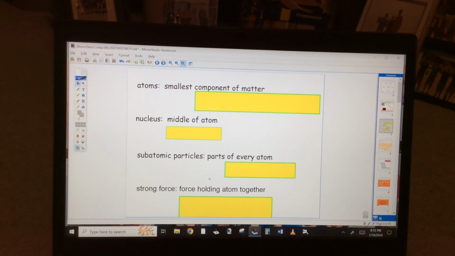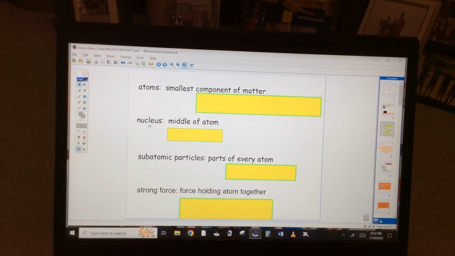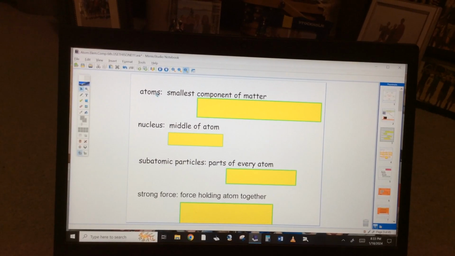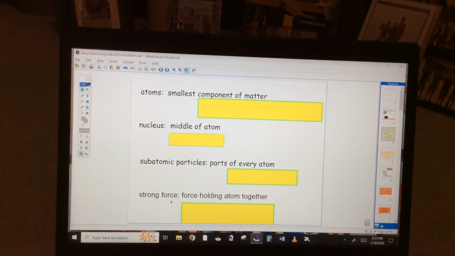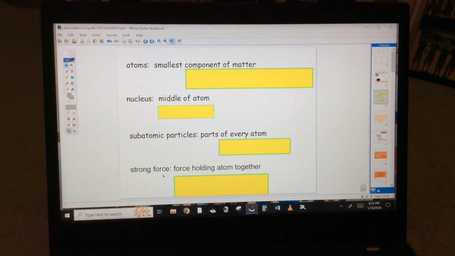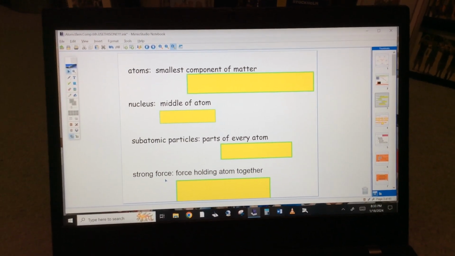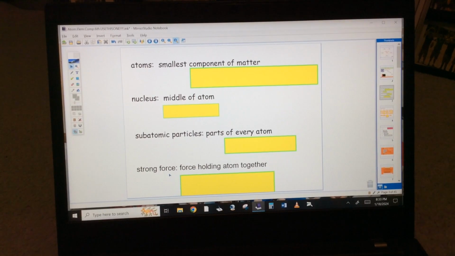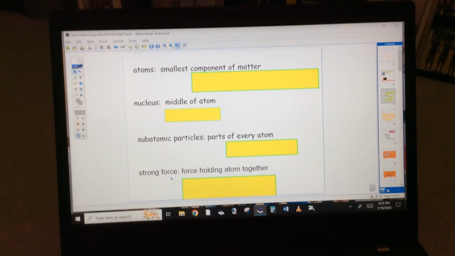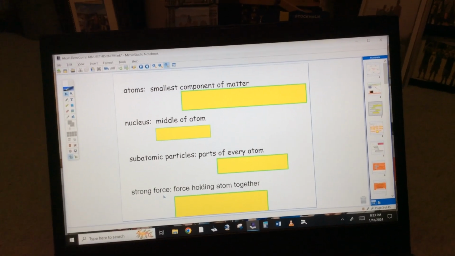It holds them within the nucleus, or the area surrounding the nucleus in every atom. The strong force is similar to gravity and magnetism in that it's natural. We can't turn it on, we can't turn it off, we can't increase it or decrease it. It just naturally occurs, and it's very, very strong. I'm assuming that's why they call it the strong force.